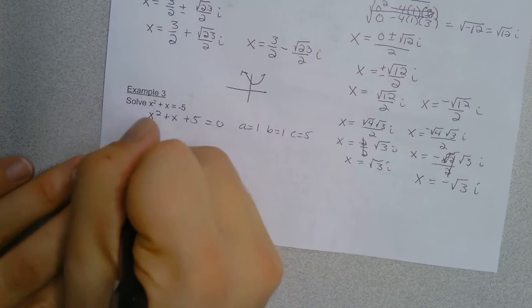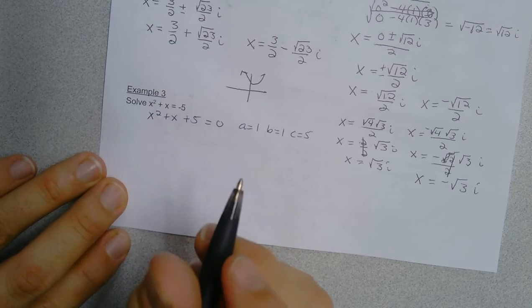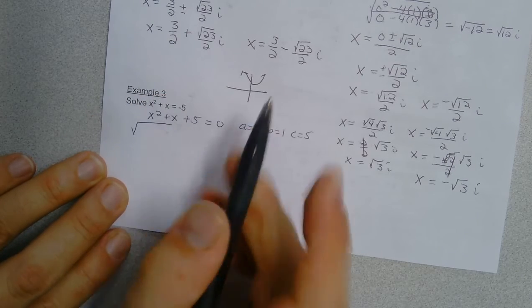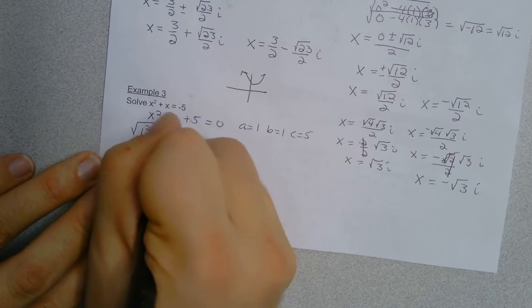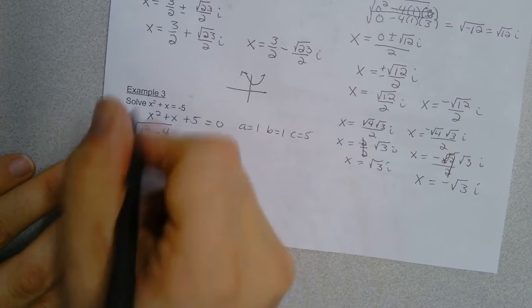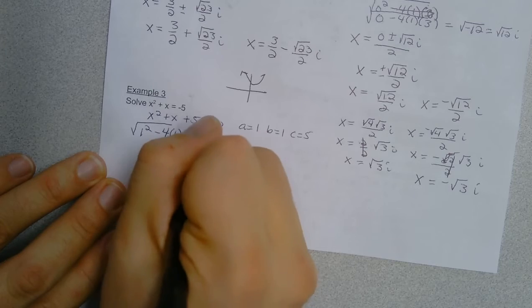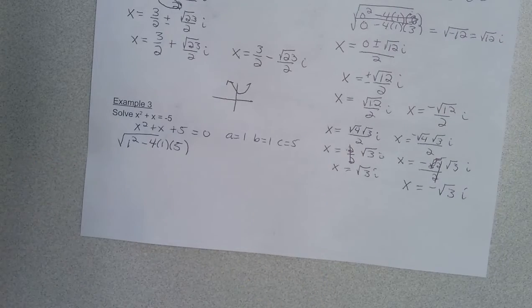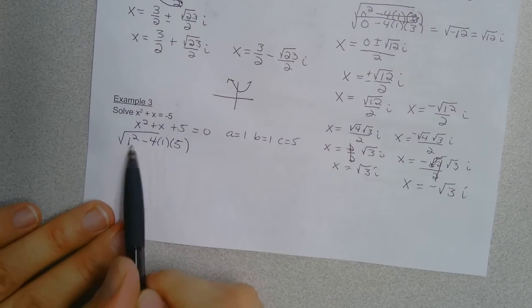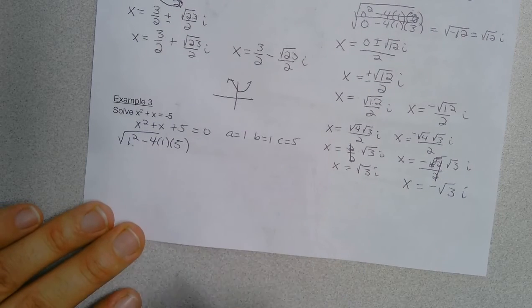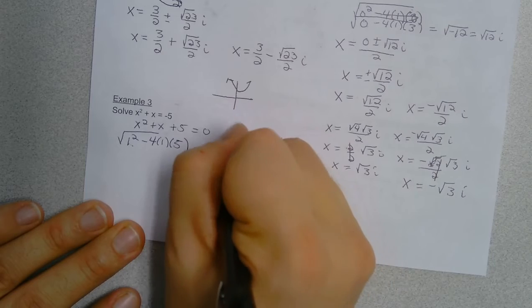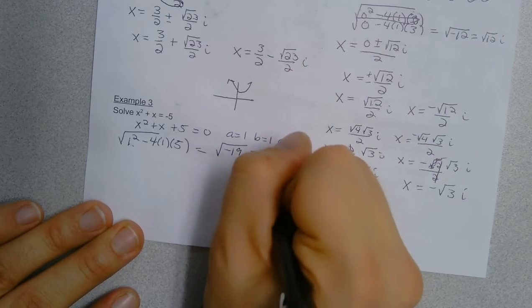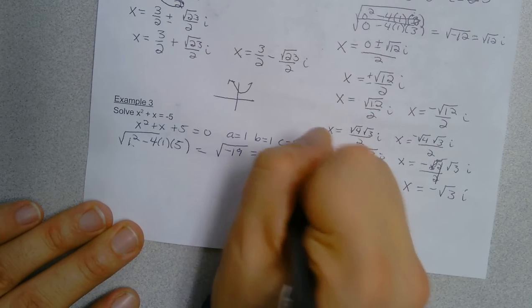So in doing our discriminant, b squared, so you'd have 1 squared minus 4 times 1 times 5. So it's going to be 1 minus 20. So it's going to be the square root of negative 19, which is the square root of 19i.